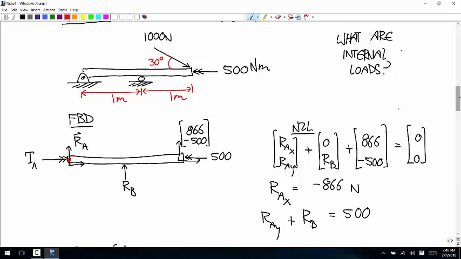All we're doing is figuring out what kind of internal loads you have as you move across the beam. But after we're done calculating the internal loads, we're going to use those to calculate stresses, and then we'll be able to say things are fine here and bad up here, or whatever. We're not there yet, but that is what we're going to do.